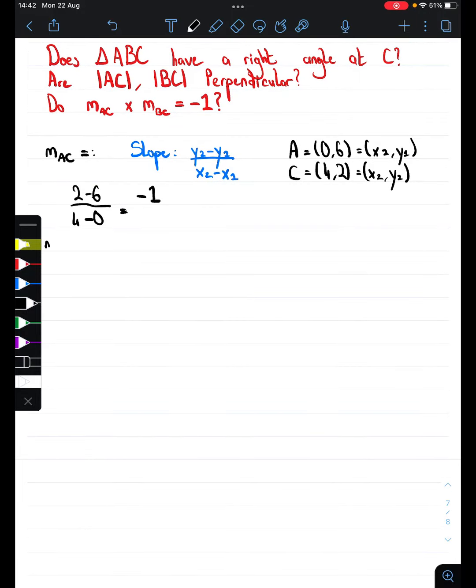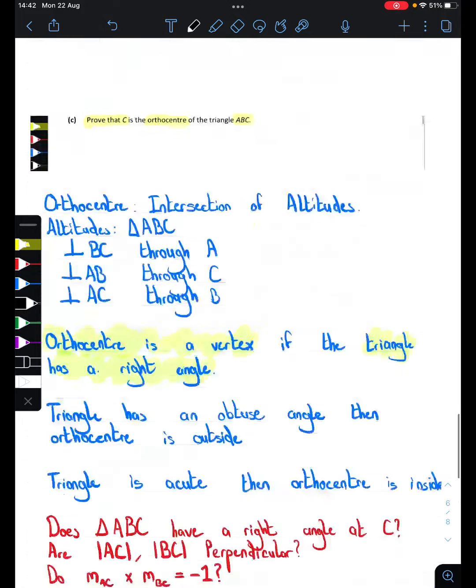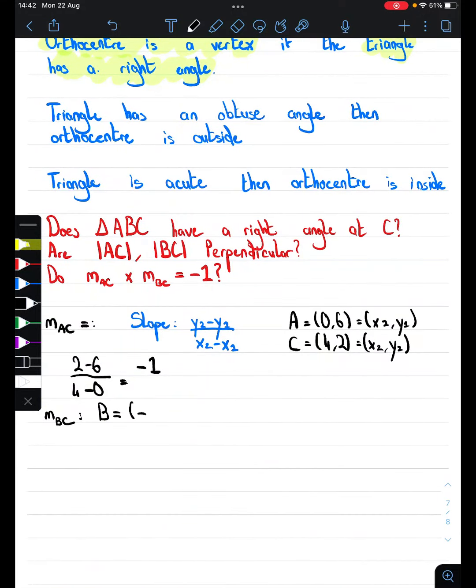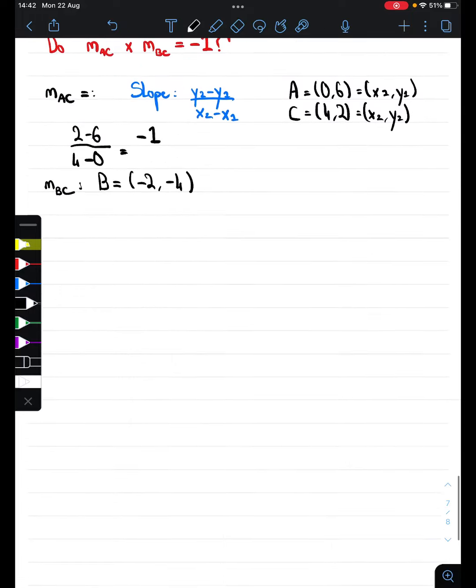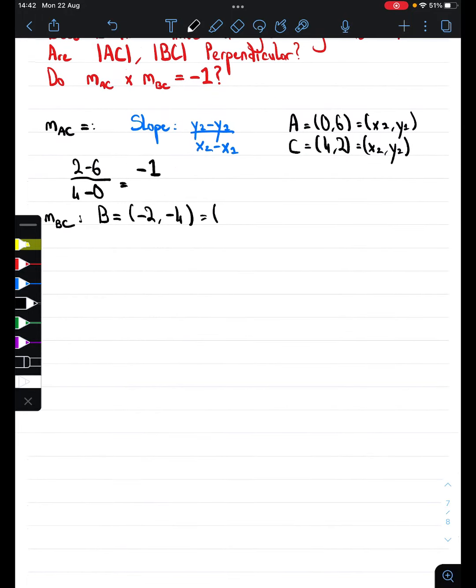And now let's look at the slope of BC. Again, using our slope formula, this time let's let B, which is (-2, 4), be x1, y1, and again, let's let C, (4, 2), be x2, y2.